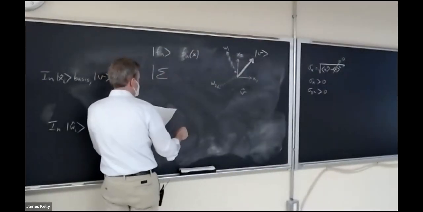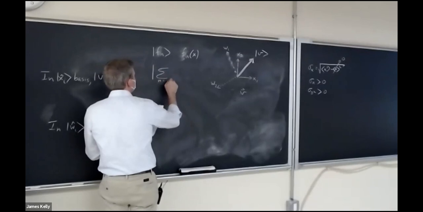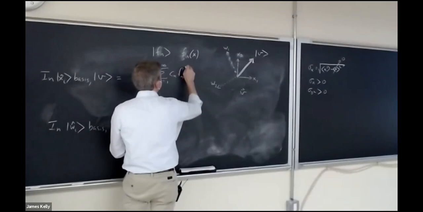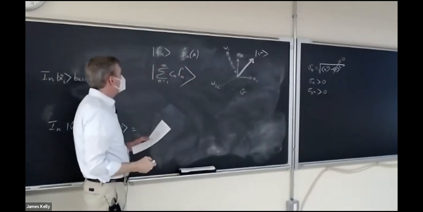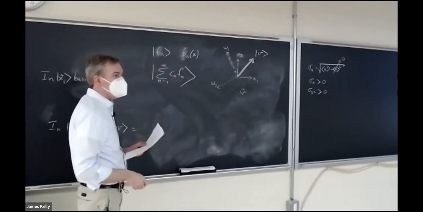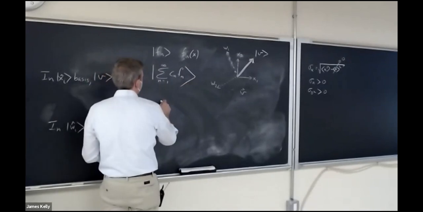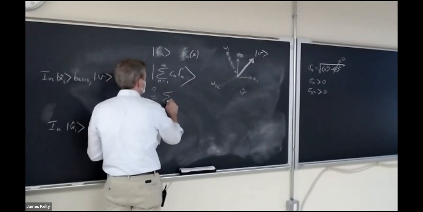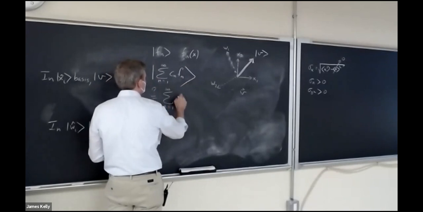I put this on a worksheet because this is something you'll see in Griffiths' textbook. He labels a vector by that big, cumbersome thing. And then the question is, can I do something like this? Bring this outside the vector.